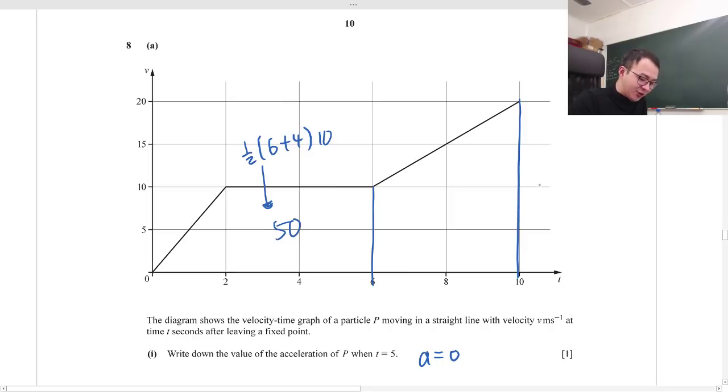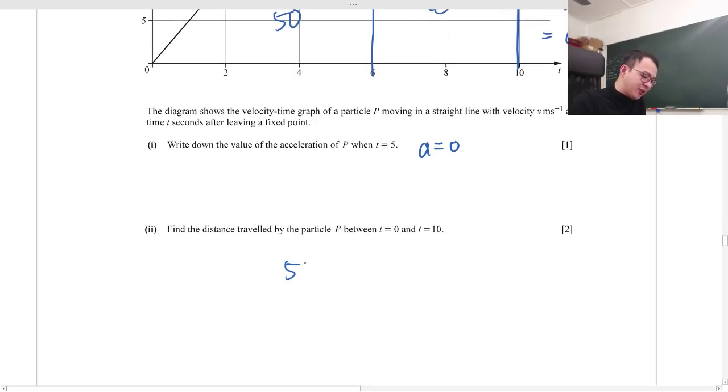The second trapezium is half of 20 plus 10, multiply 4, which is 60. So the total distance is 50 plus 60, which is 110. Quite straightforward.